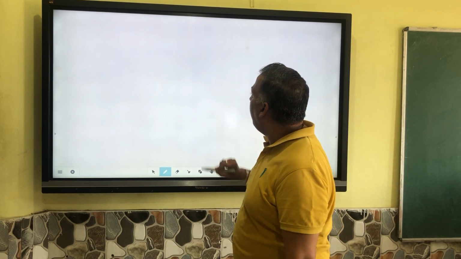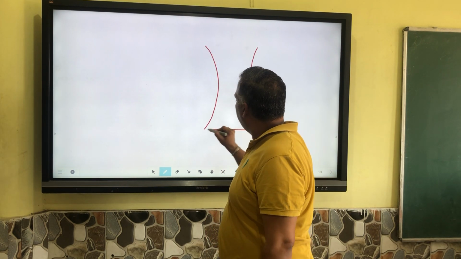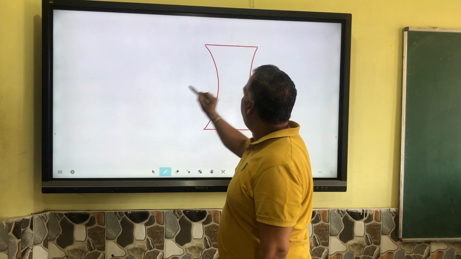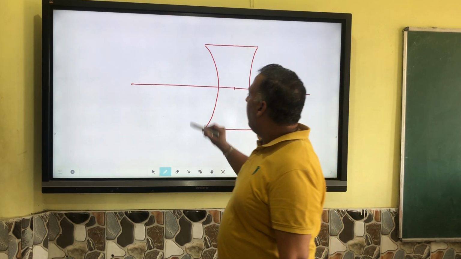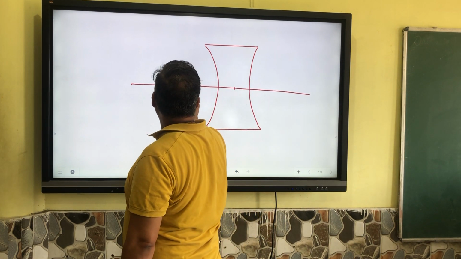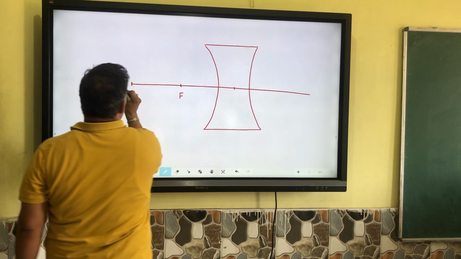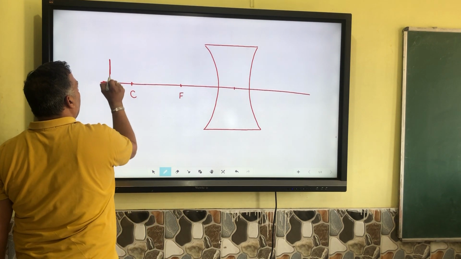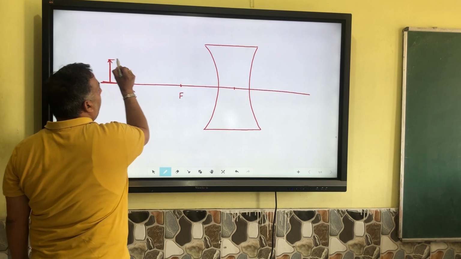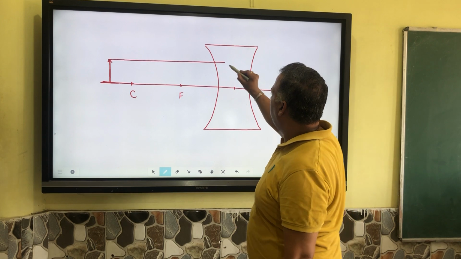If I consider this biconcave lens, this is the principal axis passing through it, and this is a focus, and this is the center of curvature. Here I am taking the object, and a ray is going parallel to the principal axis.